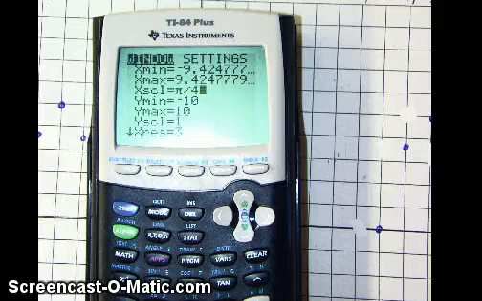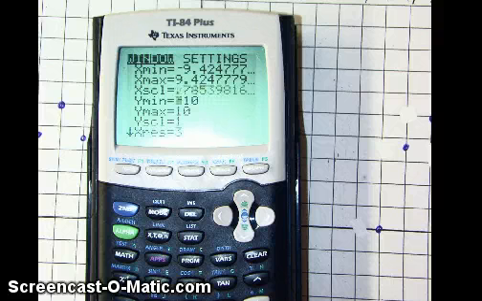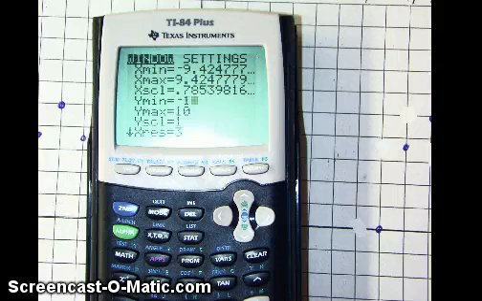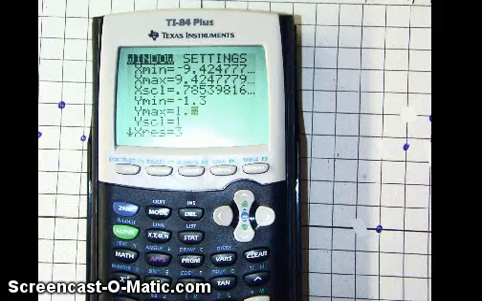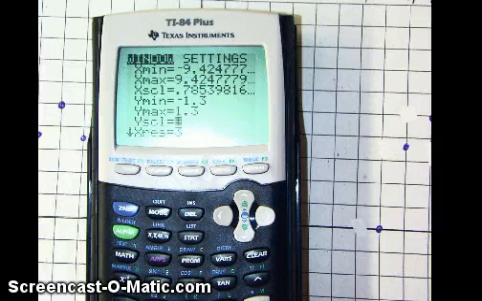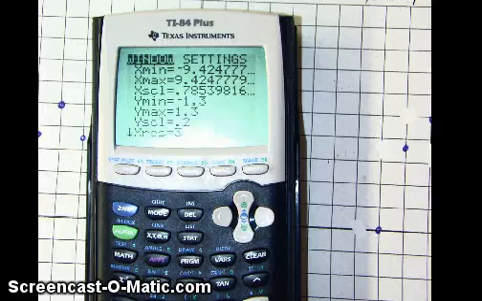So my x scale, that's how much each block is worth, I have pi over 4. The y min on the paper is about negative 1.3. The y max on the paper is about positive 1.3. And each block on the y-axis is worth 0.2.